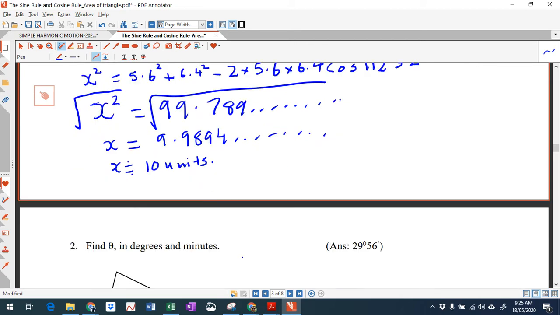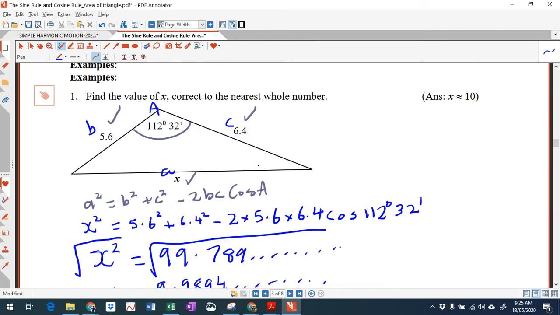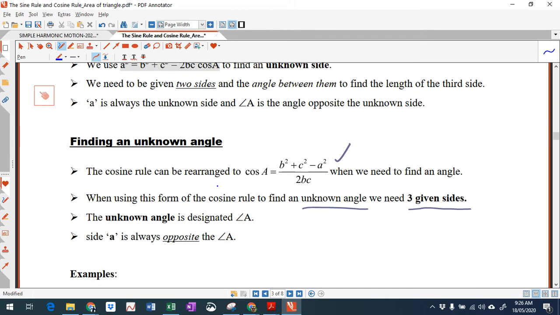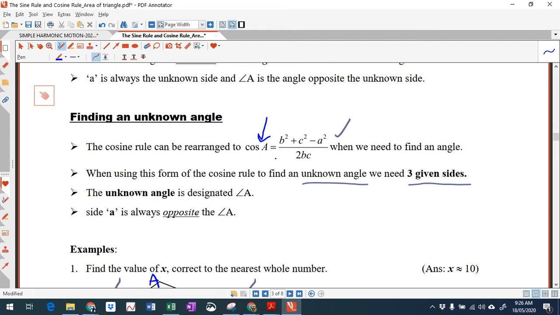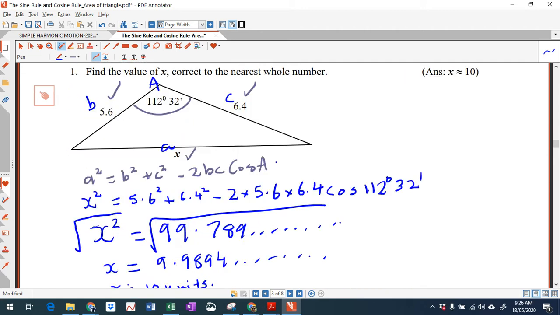All right, next question. Now here we've got to find theta in degrees and minutes. So we're going to write down our formula first for finding an angle. Okay, so if you go back to page 1, finding an angle, cos A, here it is. This is the one. So we're going to use this form of the cosine rule.